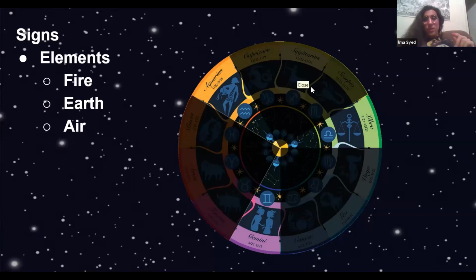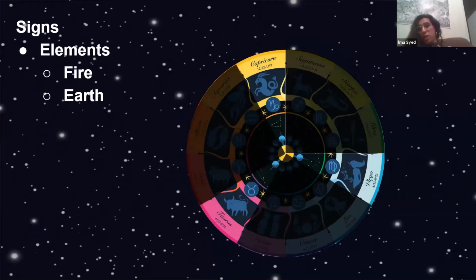Also, Ilma, somebody wanted me to explain the grounding of Capricorn. So in general, all the earth signs are grounding in their own ways because they're always connecting to the earth in some way, always trying to relate to the earth in some way.